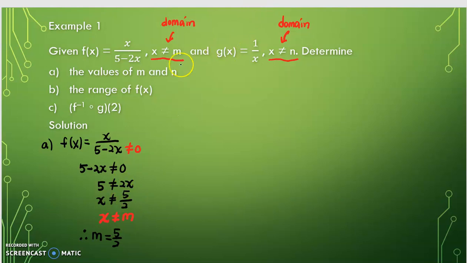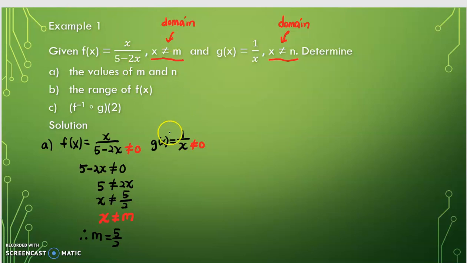Same for g(x). So next, g(x) equals 1 over x. So again, to find the domain, you will let the denominator not equal 0.